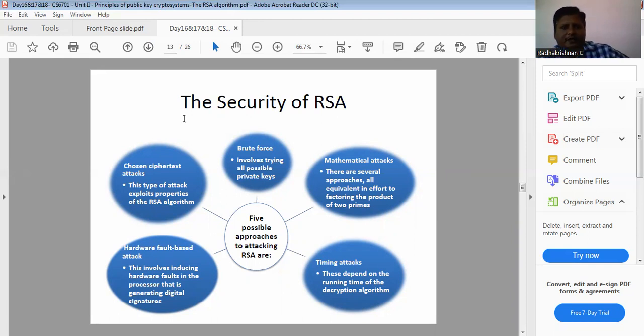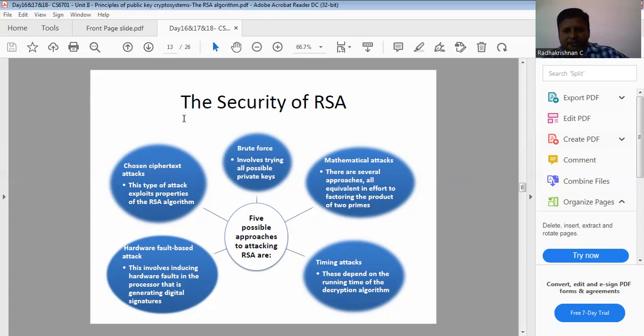In RSA, the sender's message is encrypted with the receiver's public key and decrypted with the receiver's private key. So it is not possible to attack the original message by using brute force.